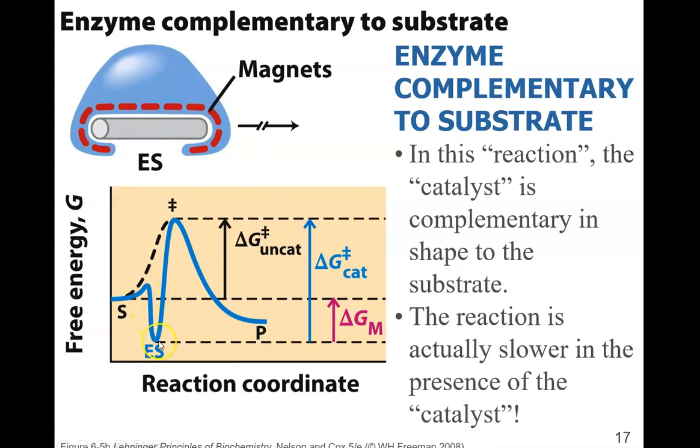I get a very, very stable enzyme substrate complex. But remember, my goal is to break the stick in two, and there is nothing here that's going to motivate me to do that. In fact, the only way I could break that stick is to pry it apart and then bend it and break it, and that actually takes more energy than without the so-called catalyst. So this is not going to work.